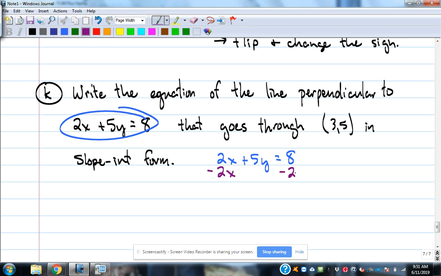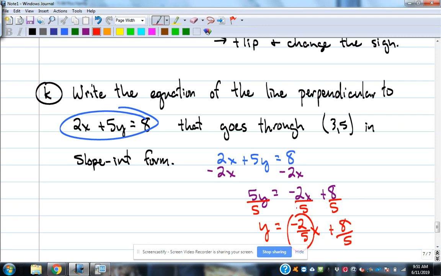So I'm going to subtract 2x. So that gives me 5y equals negative 2x plus 8. And then our last step would be divide by 5. All right, so the slope of that line is negative 2/5.